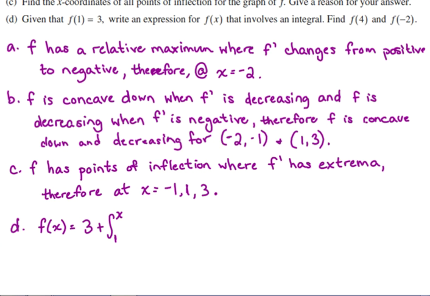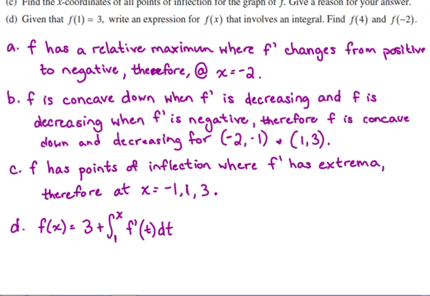So x is our upper limit of f prime of, remember, we're supposed to use a different variable here. It doesn't matter what you use. We don't have a unit of time here, but t is just a good, easy variable to use when you're trying to mix up your variables. So you get 1 point for that expression right there.